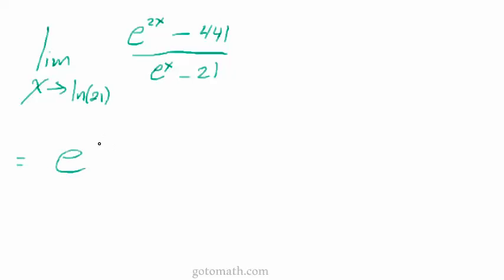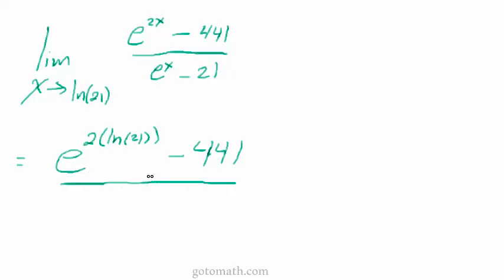Okay, we're doing the direct substitution. 2 times the natural log of 21 minus 441, all over e to the natural log of 21 minus 21.